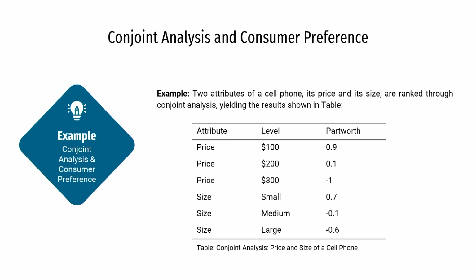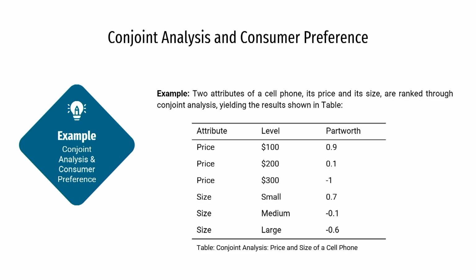how we can capture the data. For example, when I talk about the price attribute, if price is leveled at $100, then I am giving a preference of 0.9, perfect for me in terms of price. Then price $200, not so okay for me, but given a chance that all other attributes perform better, I am still okay with this one.